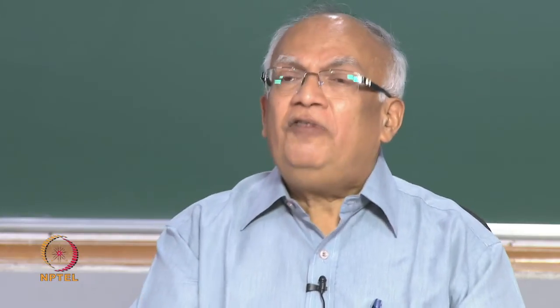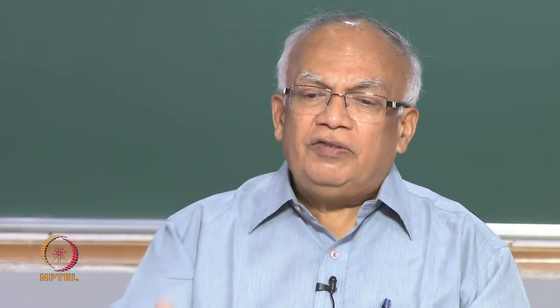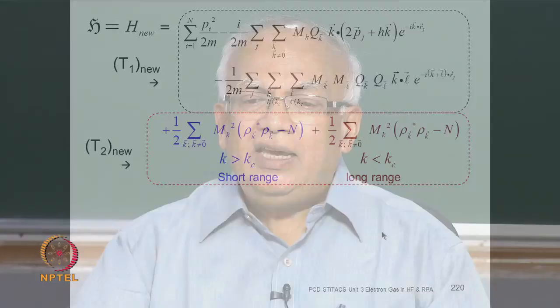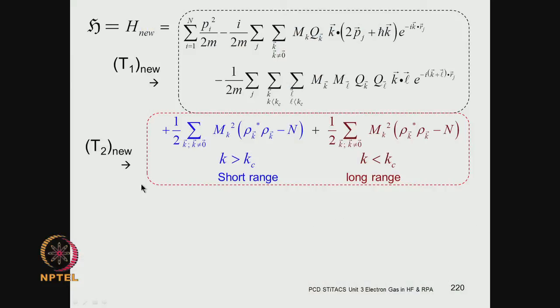So, they are already there in the system. So, they are already there in this Hamiltonian, but they will now become manifest because of the transformations, and they are sitting in some of these interaction terms in the new Hamiltonian. Okay?